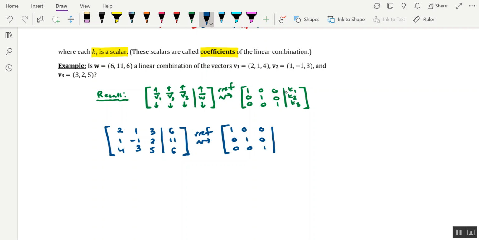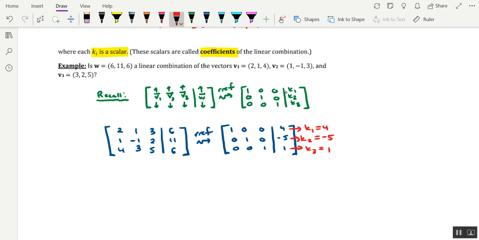And to the right of the augment bar, we get 4, -5, and 1. Meaning that, yes, w can be written as a linear combination, and moreover, these would be the coefficients required in order to do so. k1 would equal 4, k2 would equal -5, and k3 would equal 1.